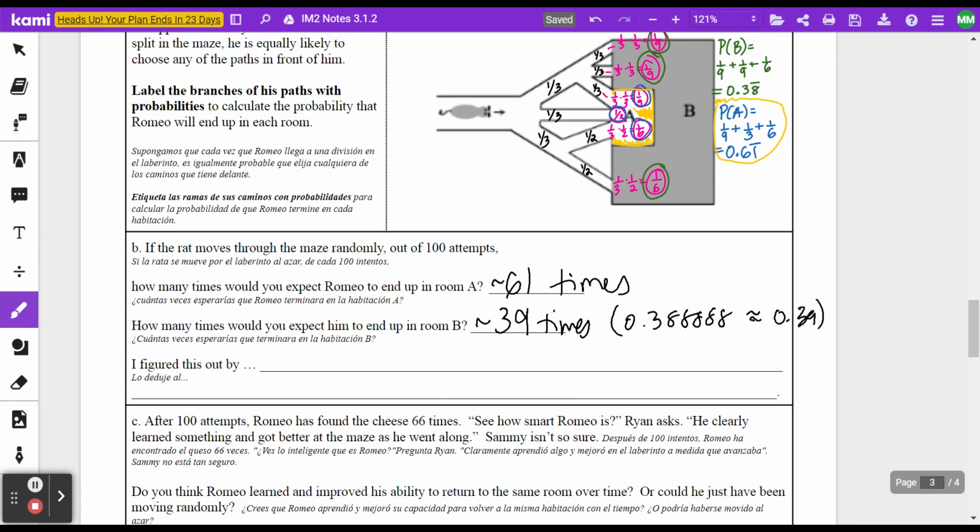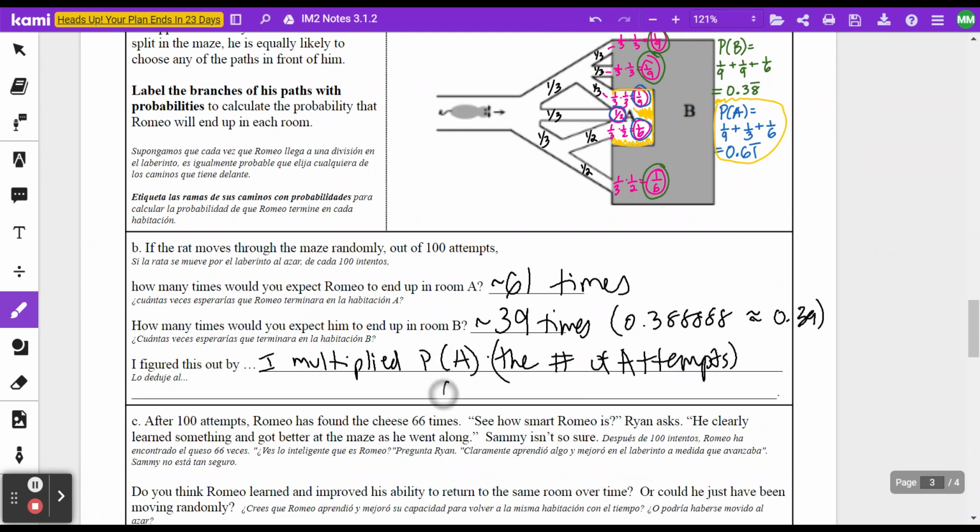I figured this out by, I guess what I did in my head was I multiplied the probability of A by the number of attempts.